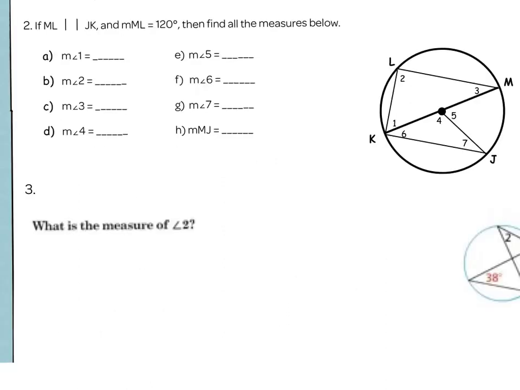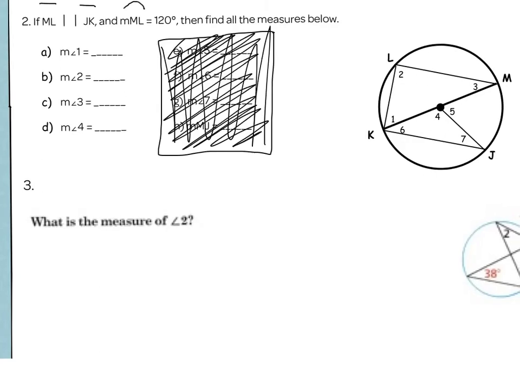Here's question number 2. And question number 2 says, if ML and JK, these chords here, are parallel, and the measure of arc ML is 120 degrees, find all the measures below. So I just want you to do A through D because the picture is not drawn to scale. So really quickly, we know that the measure of arc ML is 120.